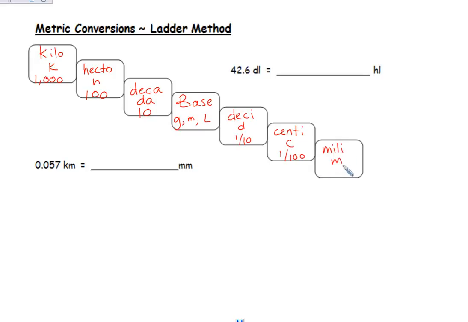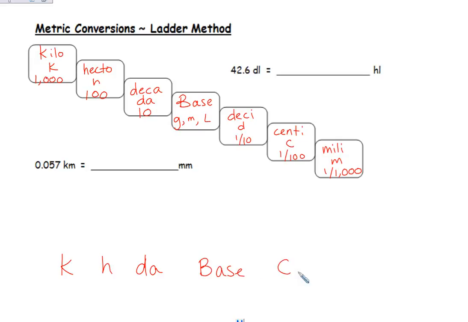Symbol M, 1,000th. I know, kind of like the deca thing, milli could be spelled with one L or two L's. Either is totally acceptable. When I have to do a metric conversion, sometimes I write this on my paper. I write an abbreviated version, but I have this committed to my long-term memory. I can go kilo, hecto, deca, then comes the base.